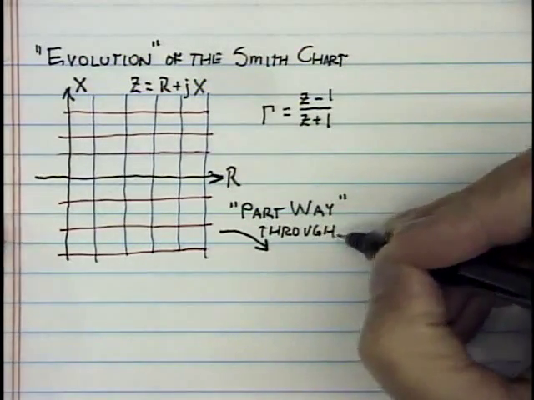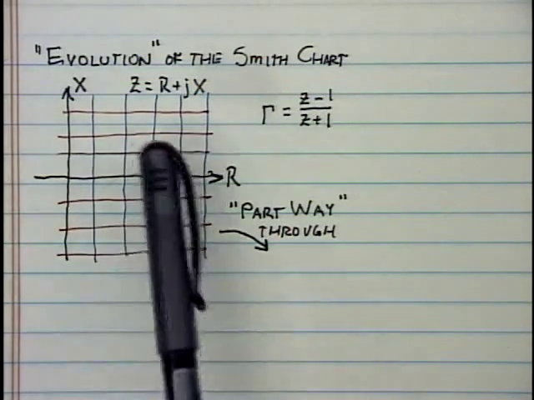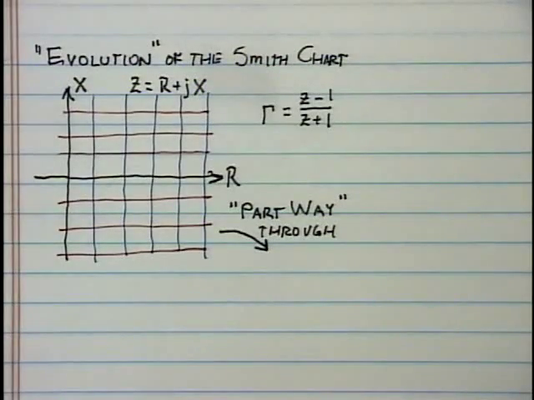I'm going to imagine that it's possible to morph this right half impedance plane into a Smith chart using that equation, and freeze that transformation about halfway through and show you what it would look like partway through the transformation from a rectangular right half impedance plane into the plane defined by gamma, z minus 1 divided by z plus 1.